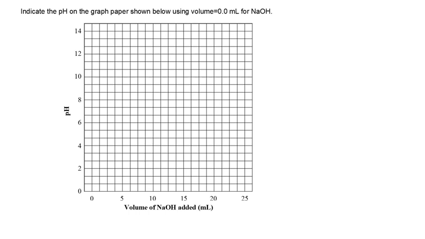So we so far found that with 0 volume, we had a pH of 1, and at a volume we just calculated of 5 milliliters of NaOH, we saw that the pH was equal to 1.22. So we're just going to go up a little bit more and draw it on our graph.